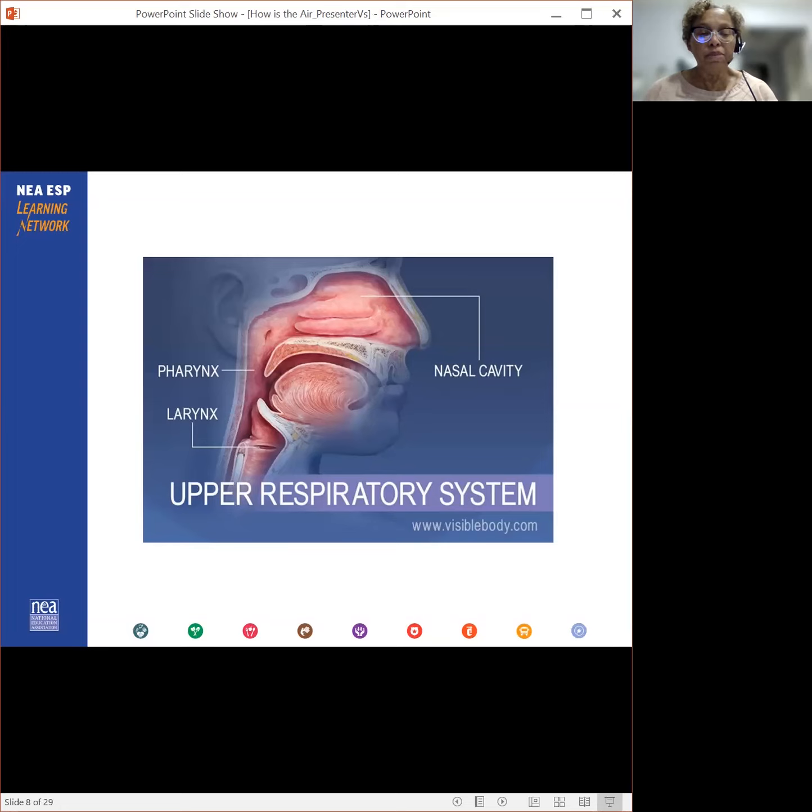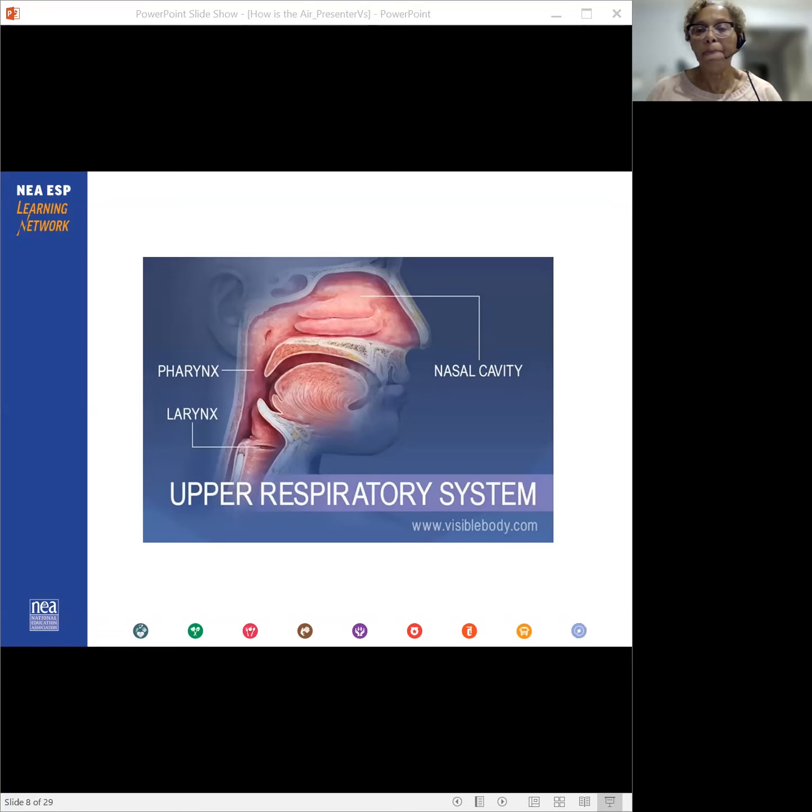We'll talk a bit more about the particles as we go on, but the upper respiratory tract consists of the nose and nasal cavity, the pharynx and the larynx. These structures allow us to breathe, to speak, and as mentioned, warm and clean the air that we breathe in. The mucous membranes lining our upper respiratory structures trap some of the foreign particles, including smoke and other pollutants, before the air travels down to the lungs.